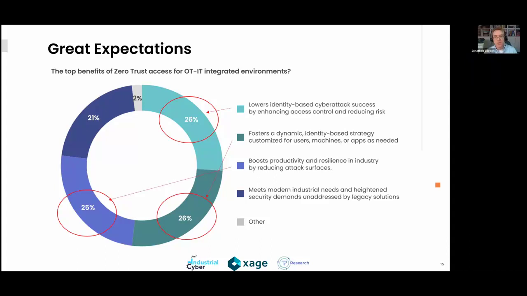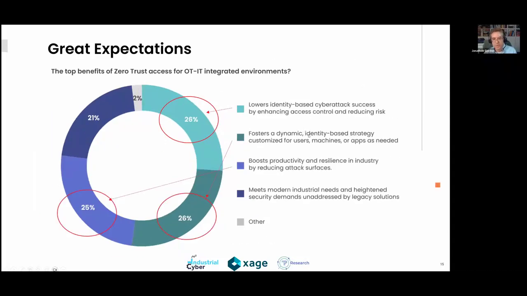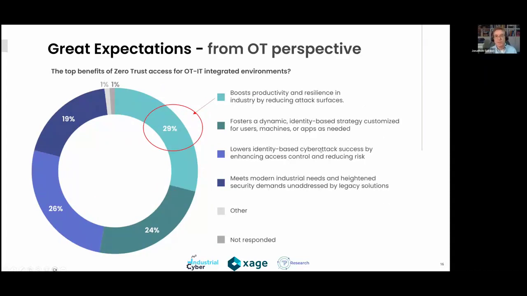Yeah, and actually it's a good segue into the next slide, because when we drill down, this is the overall picture, but looking at the results from an OT perspective, the boost in productivity literally jumps to 29%. So again, the focus changes depending on the role, but I think what you mentioned now is usability.